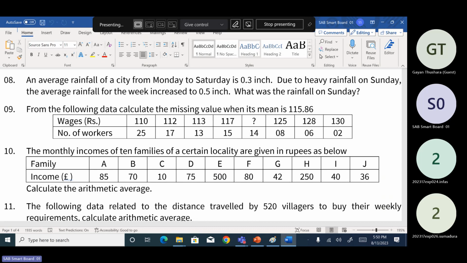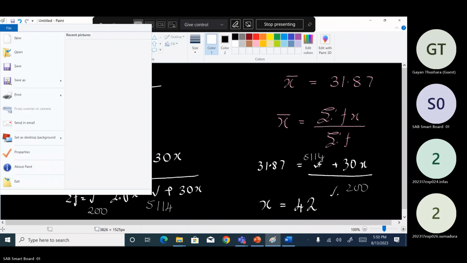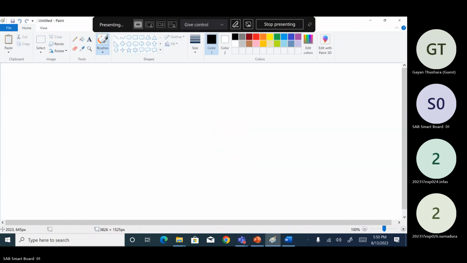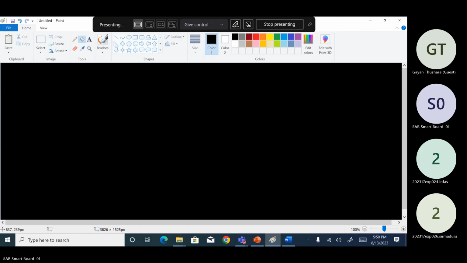So Monday to Saturday, 0.3 inches. Monday to Sunday, 0.5 inches. What was the rainfall on Sunday? So Monday to Saturday, average rainfall given, average 0.3 inches.